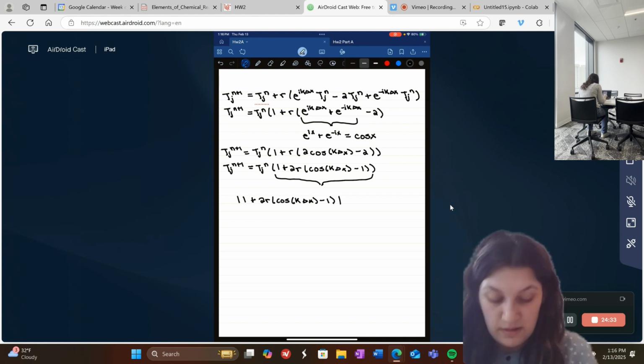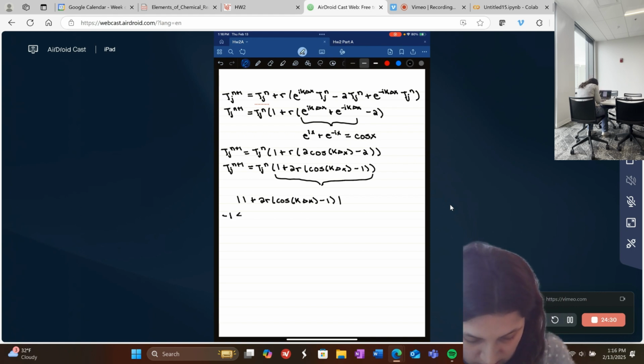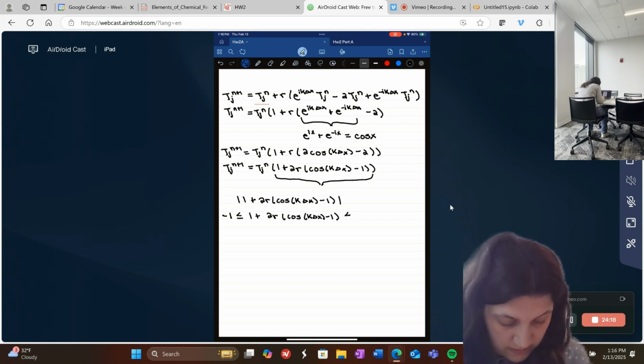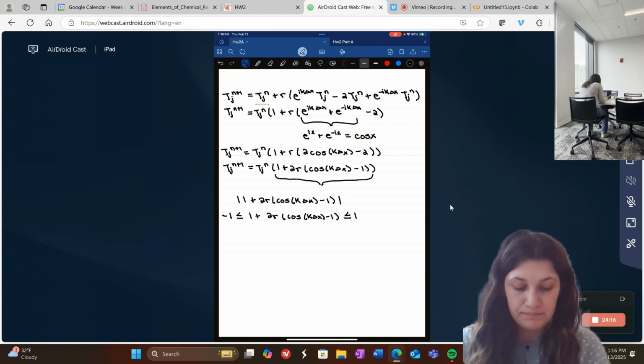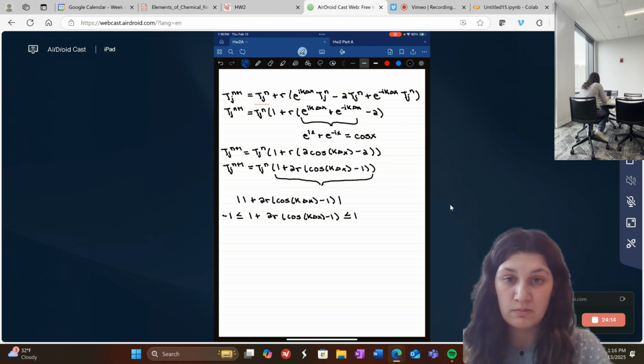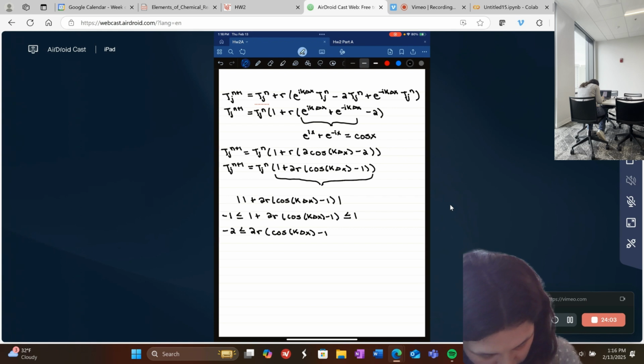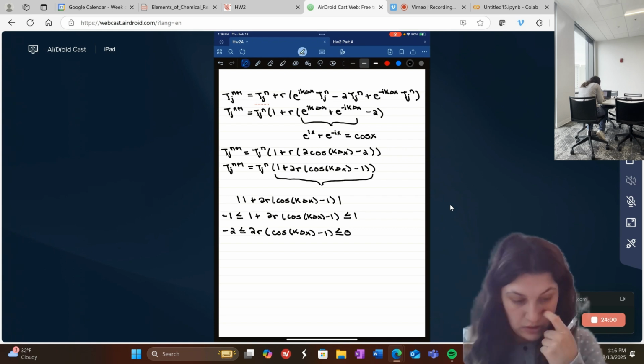And another way of saying this is just that it has to be greater than or equal to negative 1, or less than or equal to 1. Now we can subtract 1, which gives us negative 2 is less than or equal to 2r times cosine k delta x minus 1, less than or equal to 0.